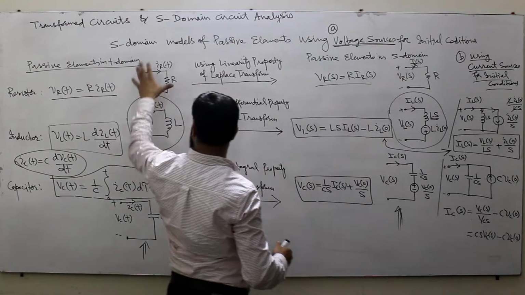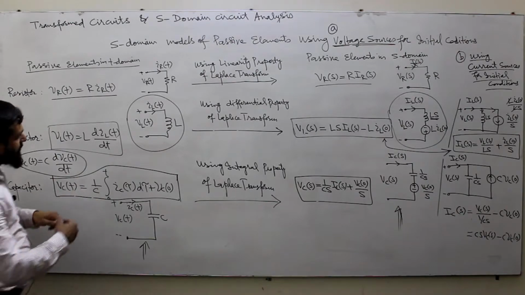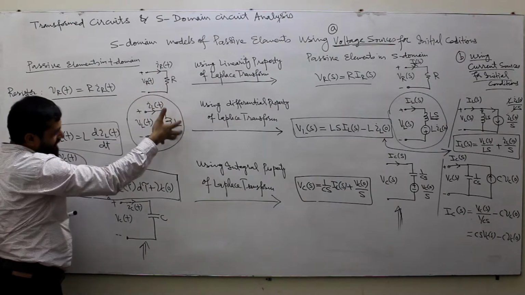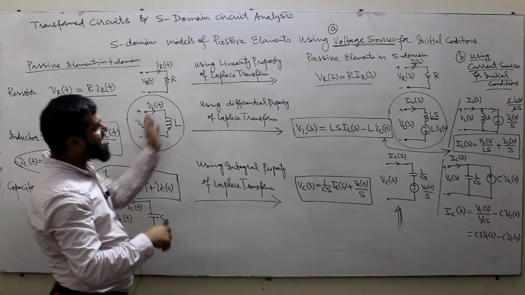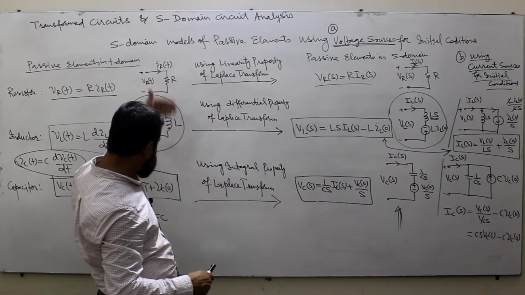And in the time domain, you could see that these were represented normally, simply as a resistor, inductor and capacitor. But in the S domain, these will not stay as simple as you see here.